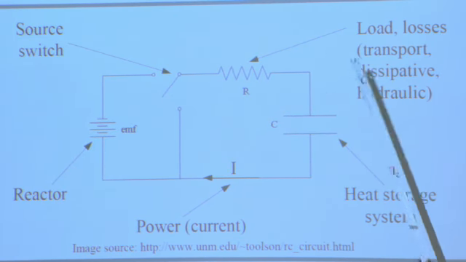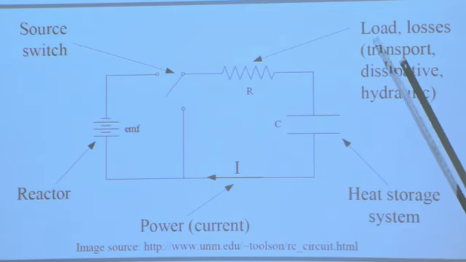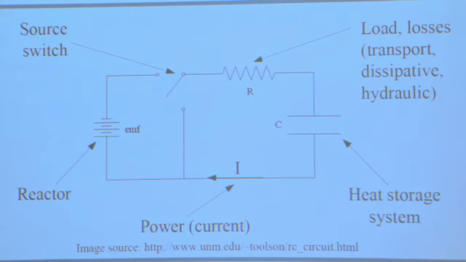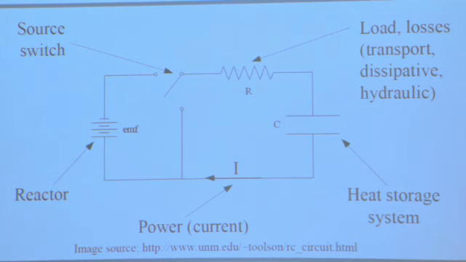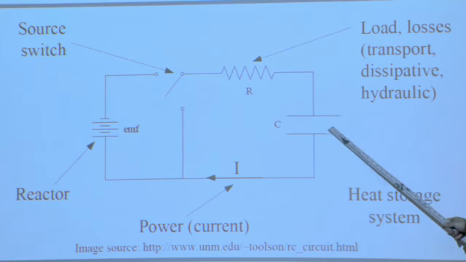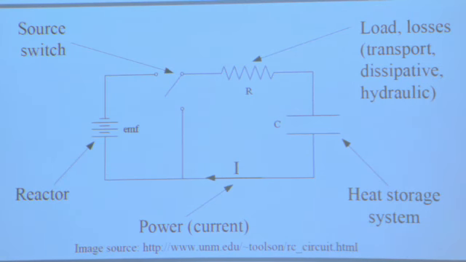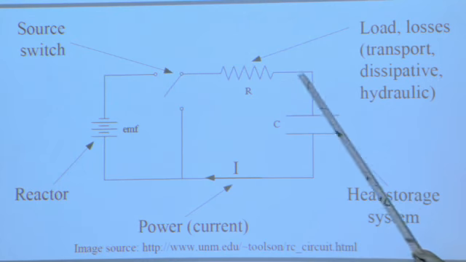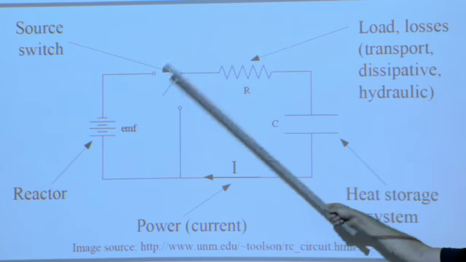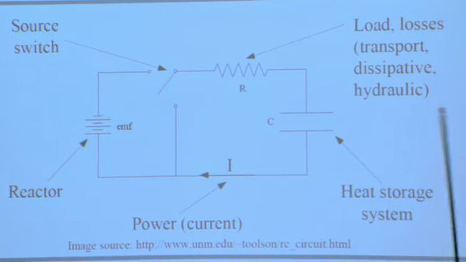Your resistor is the whole combination of your load and your losses due to transport, dissipative, hydraulic losses, transformer losses, whatever. And the heat storage system acts like a capacitor. So let's say you're starting cold, and your reactor starts to heat up and start passing some power, which here is modeled as current, through this loop.